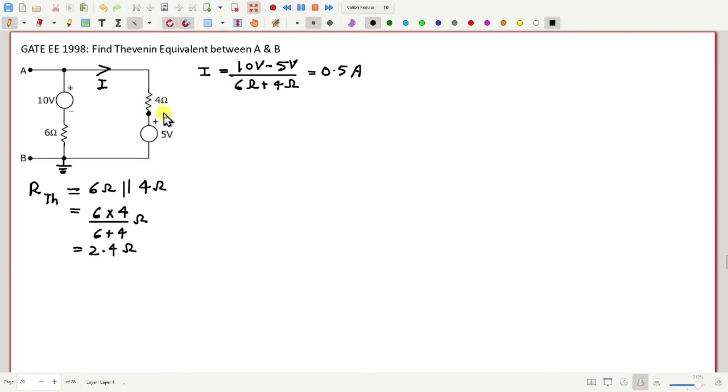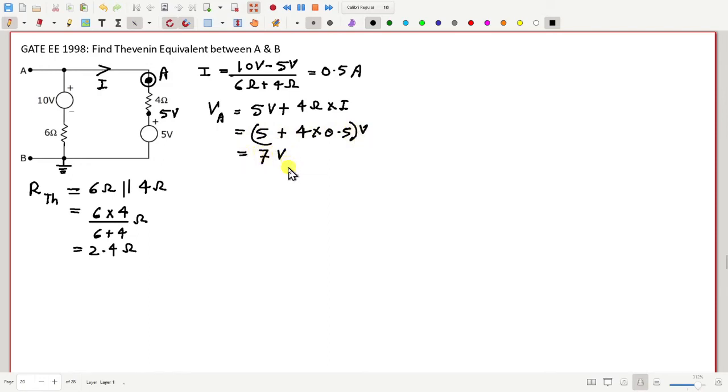Now this point is at 5 volt, then what is the potential at this point? That will be 5 volt. So this is node A basically. So VA will be 5 volt plus 4 ohm into I, that is 5 plus 4 into 0.5, which is 7 volt.